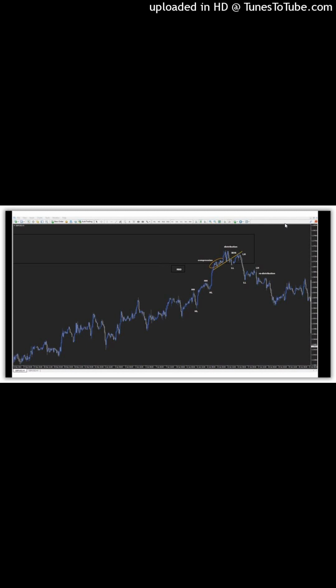So in this case, based on the supply and demand lesson, this is the rally, base and drop, so RBD. So it's important to know where the highs and lows are and where our pattern appeared. This is all I want to see on the homework lesson.